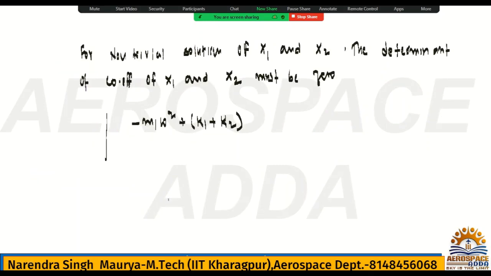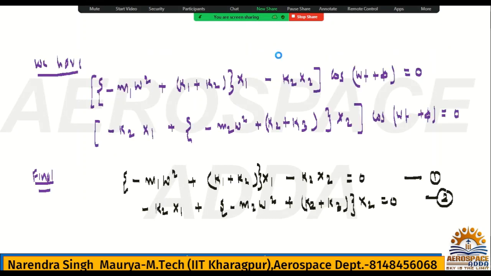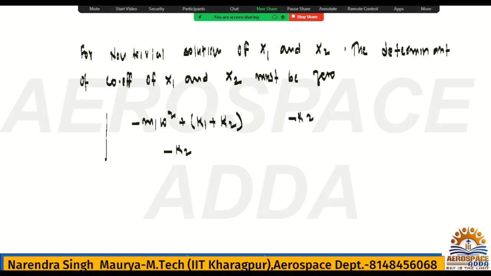It is minus k2. And what is the coefficient of x2? It's minus k2 here. And in the second row, the coefficient of x2 is minus m2 omega square plus k2 plus k3. This is the coefficient of x2. Take the determinant of it and make it equal to 0.